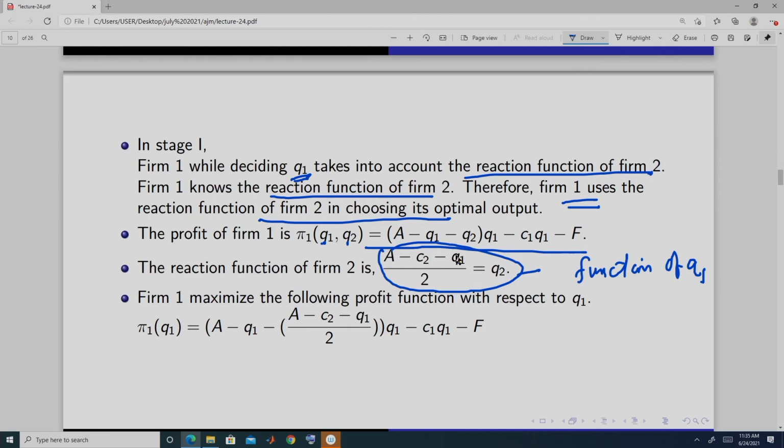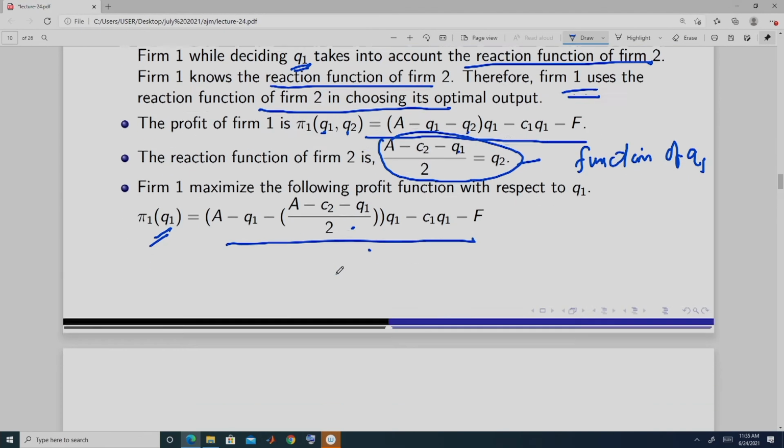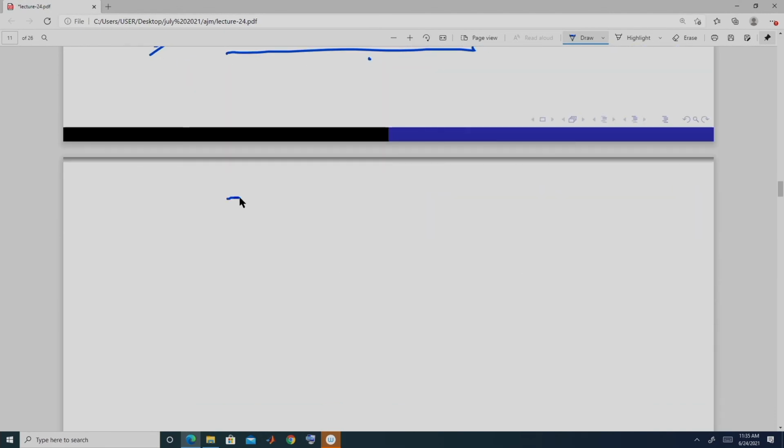So, we plug it in here in place of Q2 and we get this as the profit function. Now the profit function of firm 1 is only a function of Q1, its own output, because it knows how firm 2 is going to react based on its own output. So, we now find the optimal Q1.